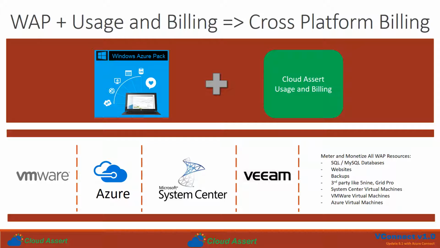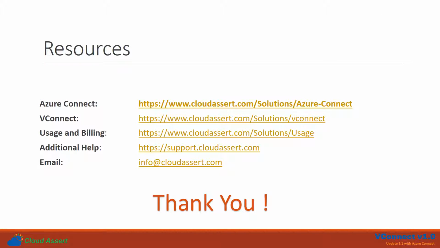This is in addition to the native support for System Center VMs, VMware vCenter VMs, and Azure virtual machines that are enabled through the vConnect platform. So usage and billing solution enables you to monetize every single resource and service offering that you have on the Windows Azure Pack platform.